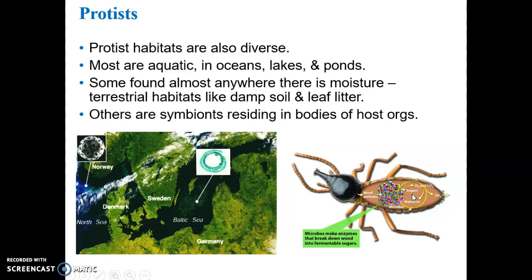And that's the way that the termite actually obtains energy from wood. It obtains the energy indirectly. So the energy produced by the breakdown of wood by the protist is able to supply the nutrients for the host, in this case the termite. Right, so it's a symbiotic organism. And again, symbiosis is a close association between different species.